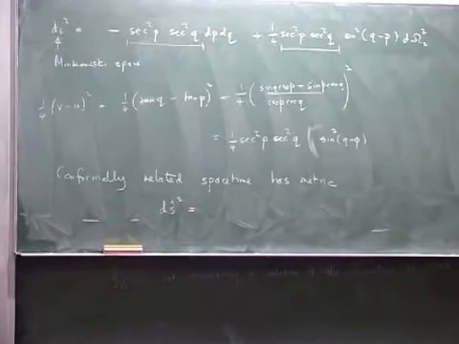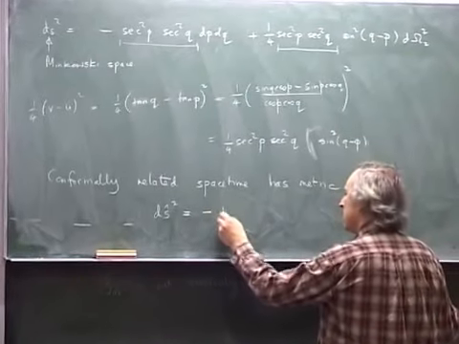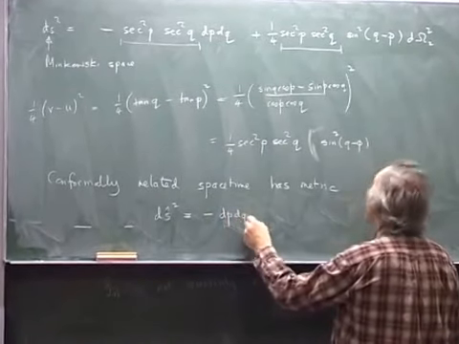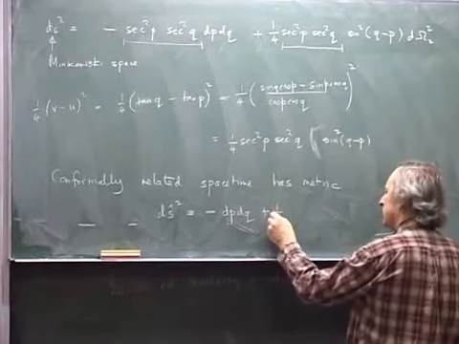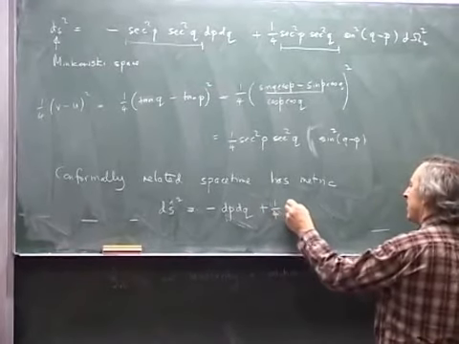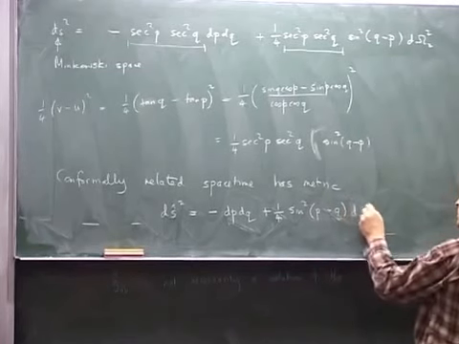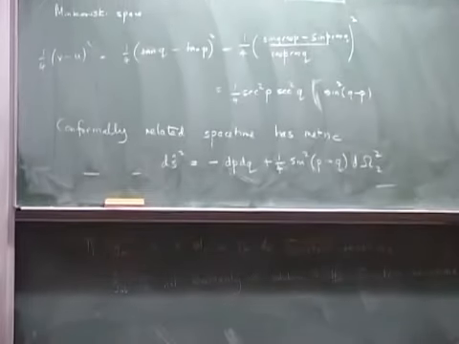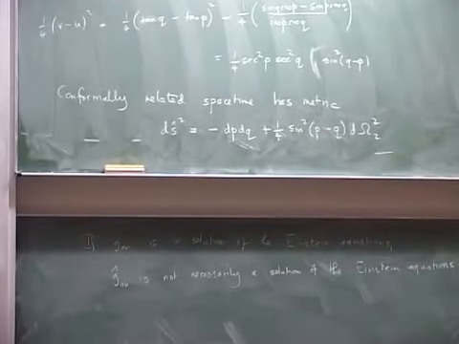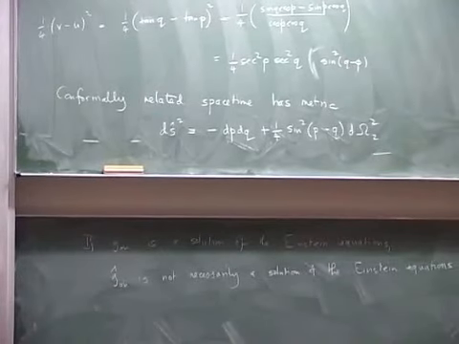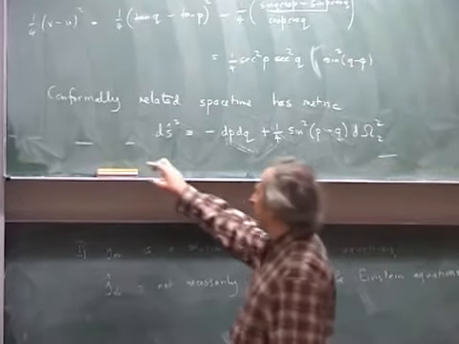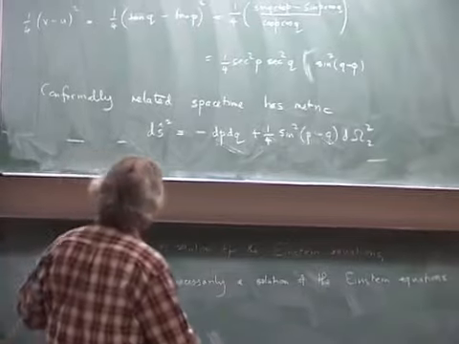So it's going to be minus dp dq plus 1/4 sine squared of p minus q over 2 squared. This is already almost recognizable, especially if you've done some homology.